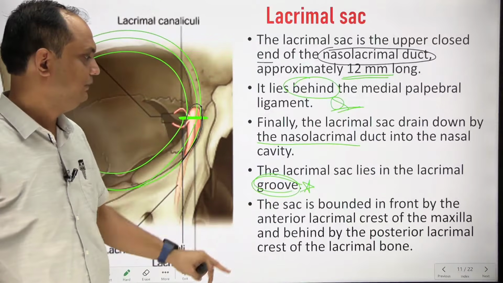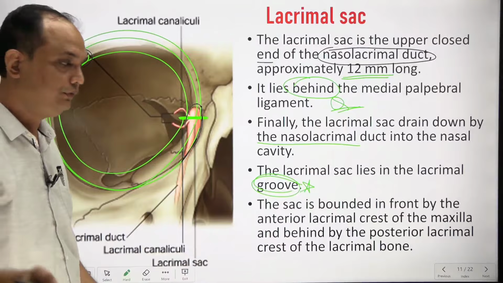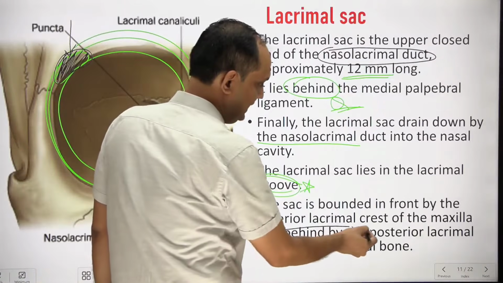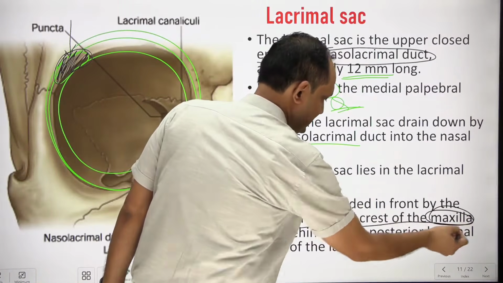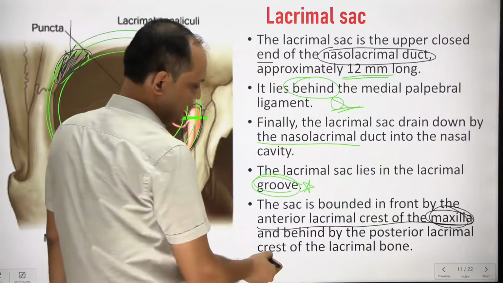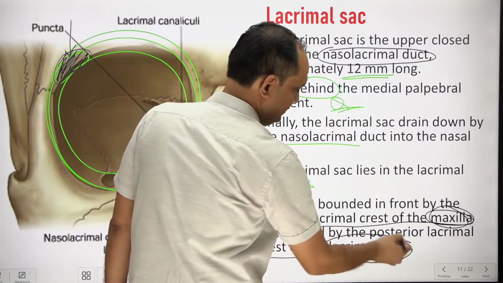Now this lacrimal groove is bounded in front by the anterior lacrimal crest of the maxilla and posteriorly by the lacrimal crest of the lacrimal bone.